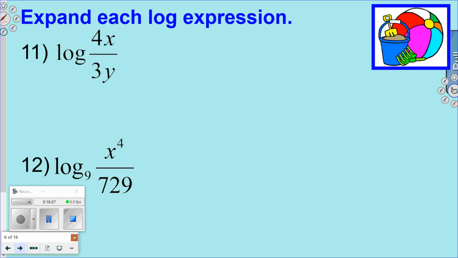And something else happens here we need to be careful of. Starting out, we have log of 4, and then what symbol? Plus log of x, and then what symbol? Minus log of 3. What symbol goes next?